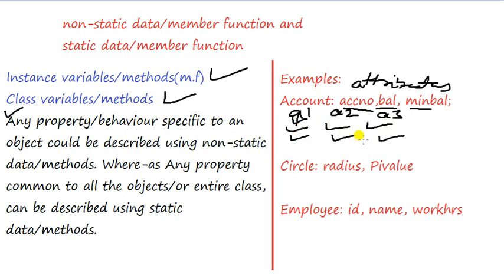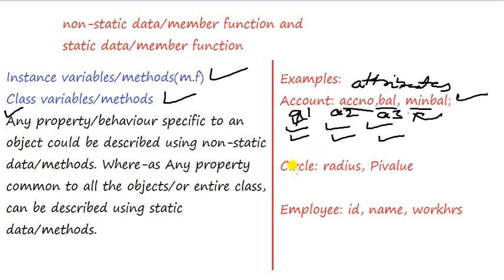But min balance will remain common to all 3 objects. So as per the definition, if the property is specific to an object, it should be declared non-static, and if it is common for the whole class, we should declare it as static. So here the min balance will be static.